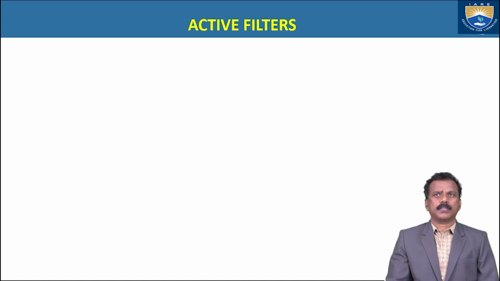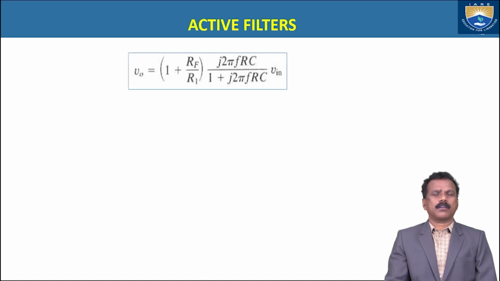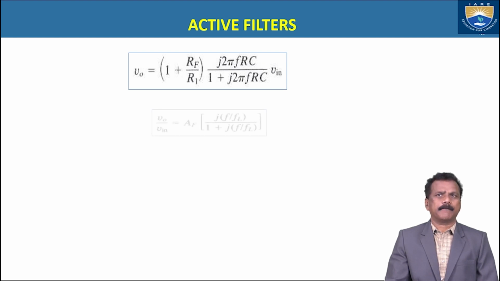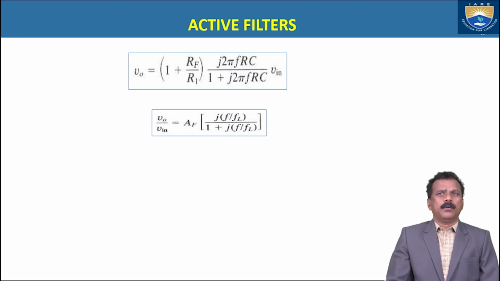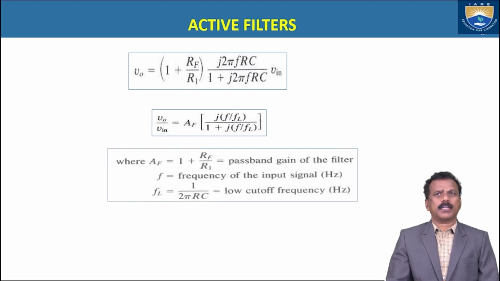We calculate the output voltage V0 equal to (1 plus RF by R1) into j2 pi F RC by (1 plus j2 pi F RC) into Vin. So output voltage by input voltage is equal to AF into j(F by FL) by (1 plus j(F by FL)), where AF is 1 plus RF by R1, the pass band gain of the filter, and FL is the low cutoff frequency.